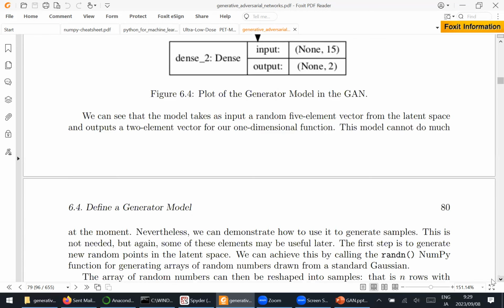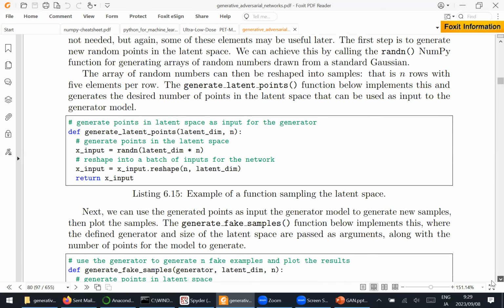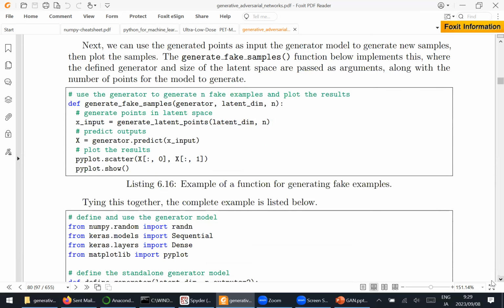So then you come down, and this is generate the latent points. This just generates random numbers. And then fake samples. These are for the fakes.